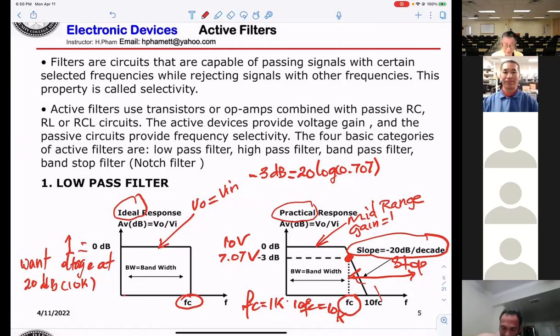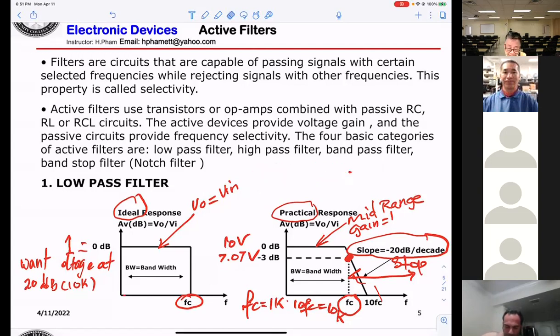You know the voltage will be 10 volt. At the cutoff, voltage goes down to 7.07 volt. And now the question is, at 10 times the cutoff, that means at 10 kilohertz, what do we get out? How do we calculate it? Okay.